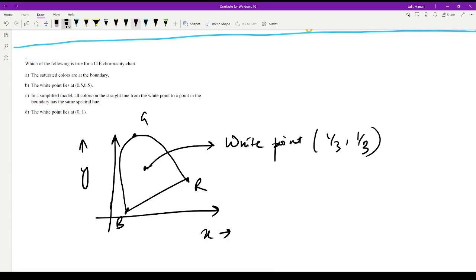Next, what else do we have? We have a hue, which gives us the direction, and then we have saturation, which is given by A by B. So if saturation is 1, it means that the color has maximum intensity along the hue.